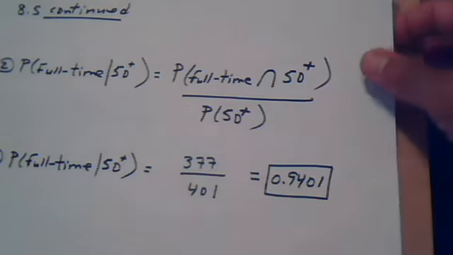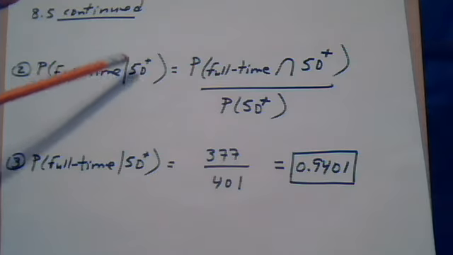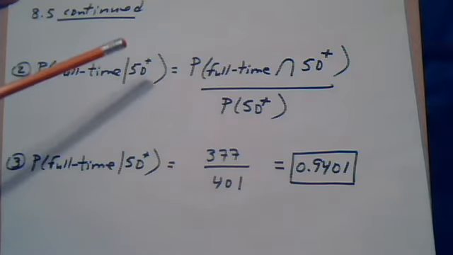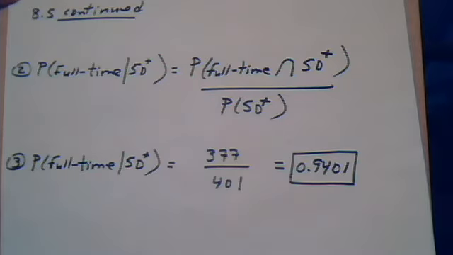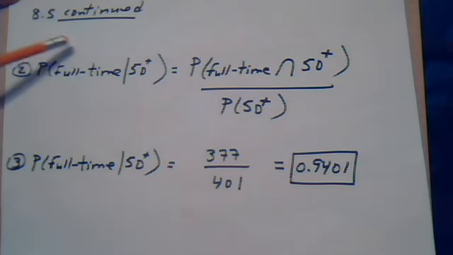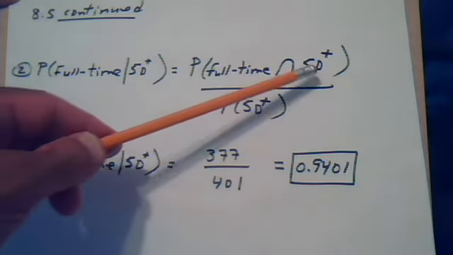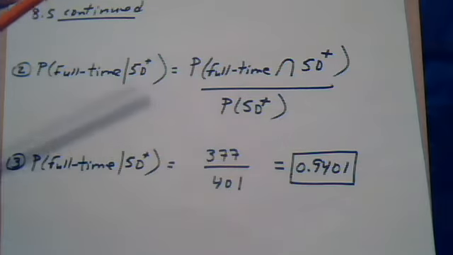So they're asking for the probability of full-time given the person was working 50 or more hours. So before you start plugging numbers in, write your formula. This is the one that's acting like the A in the formula. This is acting like the B. So this is A, B, and this is B if you look at your formula.